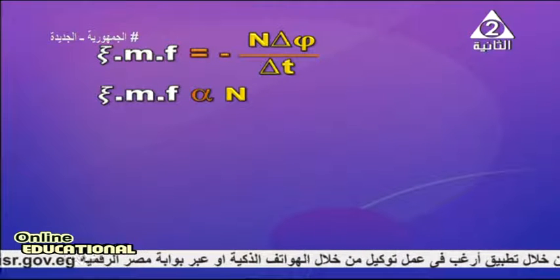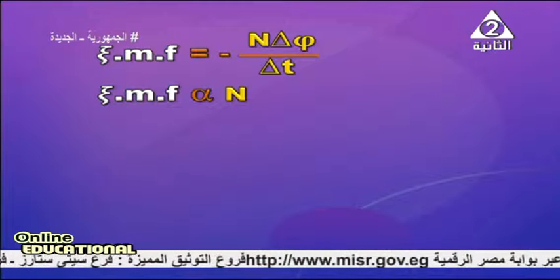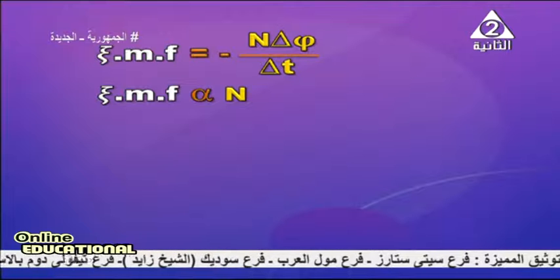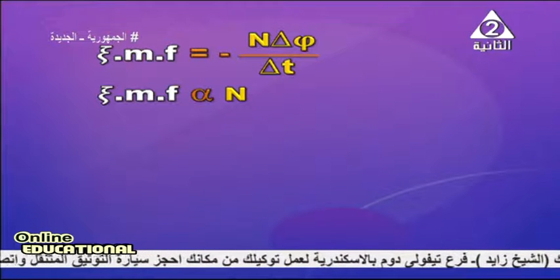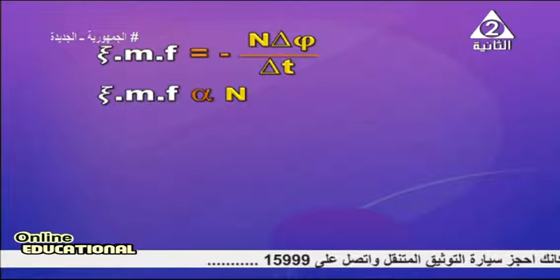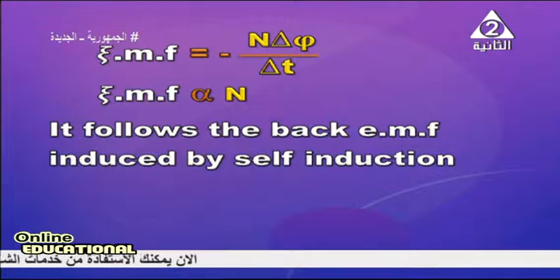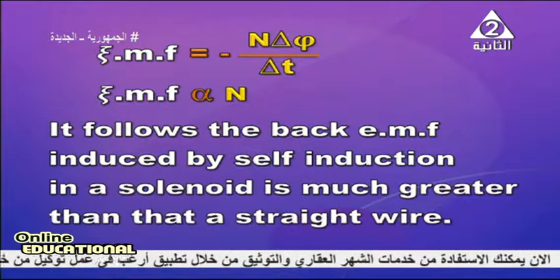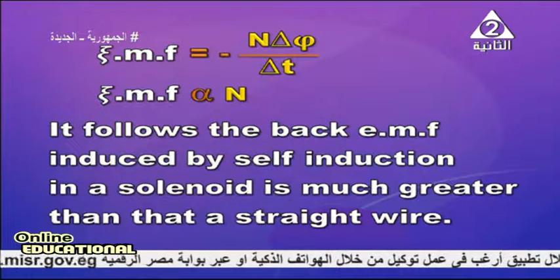The greater the number of turns, the higher the EMF induced, and this induced EMF opposes the growth of the current. We've got a number of turns on the solenoid, but we don't have any turns on the straight wire. So it follows that the back EMF induced by self-induction in a solenoid is much greater than that in a straight wire.